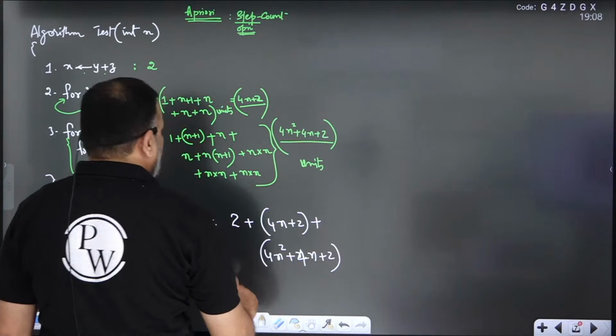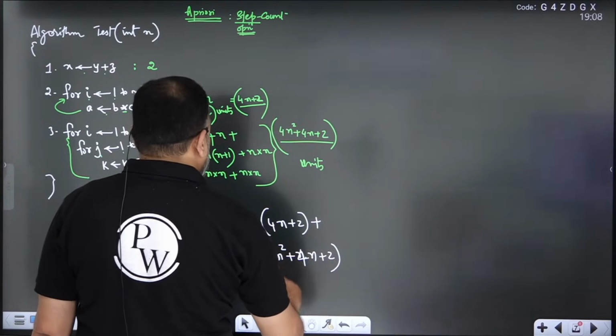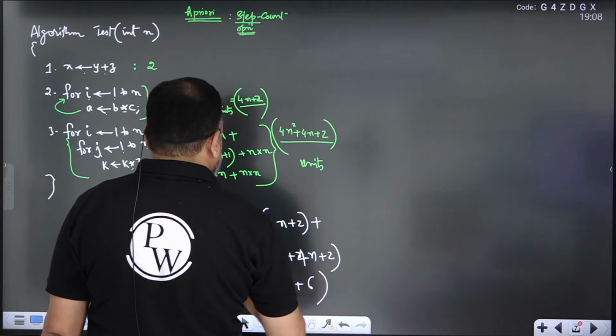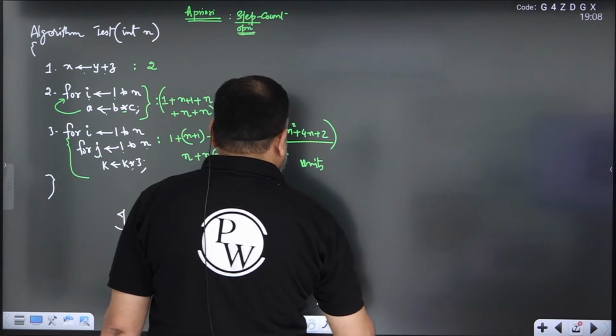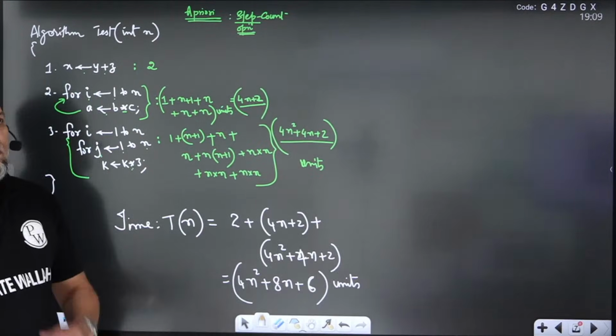So if you add together, it becomes 4n square plus 4n plus 4n, 8n, plus 2 plus 2 plus 2, 6. This is what I call the total time taken in units based on a priori analysis.